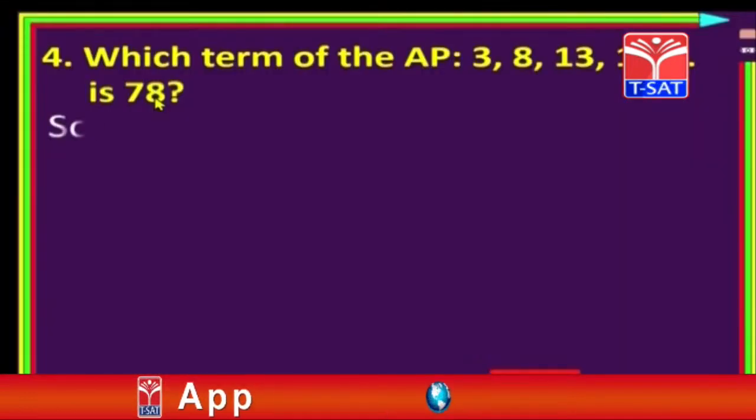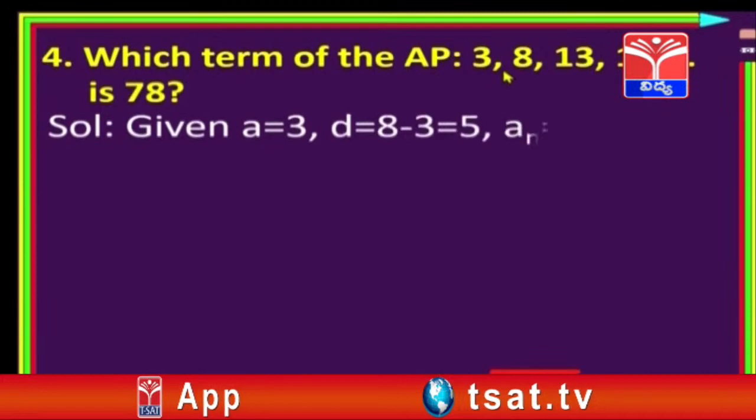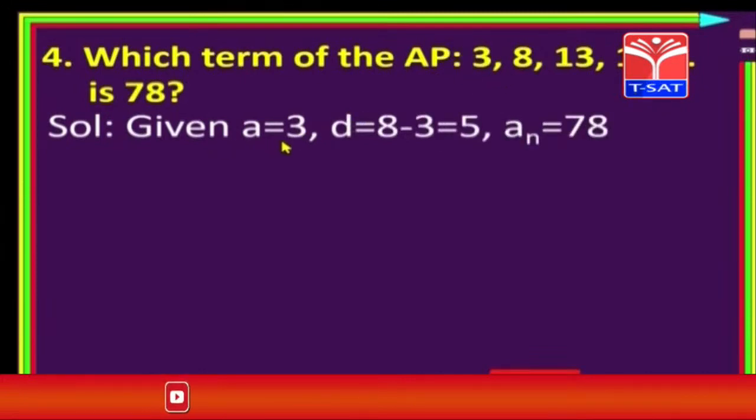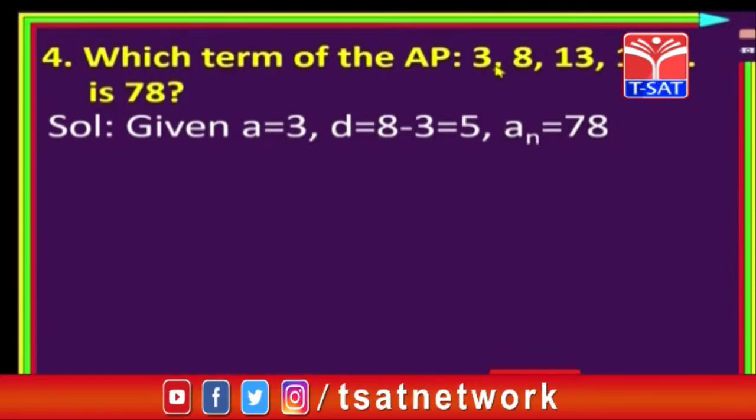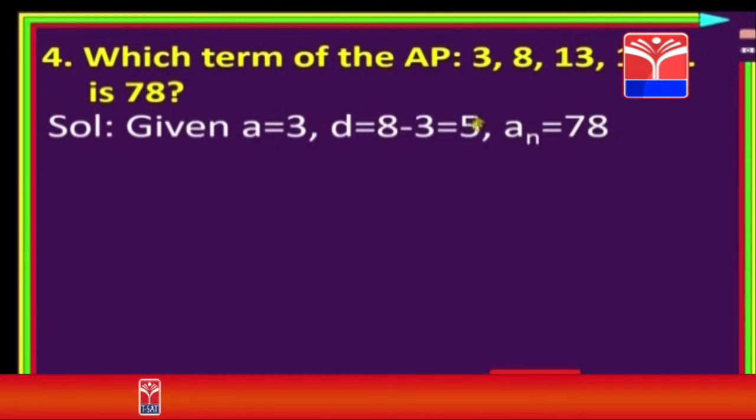Okay, right. So in this given AP, what is A? This is the first term, right? First term is A, A is equal to 3. And what is the common difference? Second term minus first term, that is 8 minus 3 which is equal to 5, or 13 minus 8 also 5. So that is called the common difference.